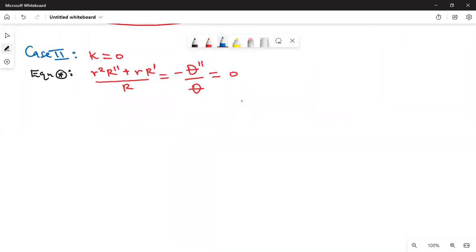So this will give us that r squared times R double prime plus r times R prime over R is equal to 0, and negative theta double prime over theta is also equal to 0.